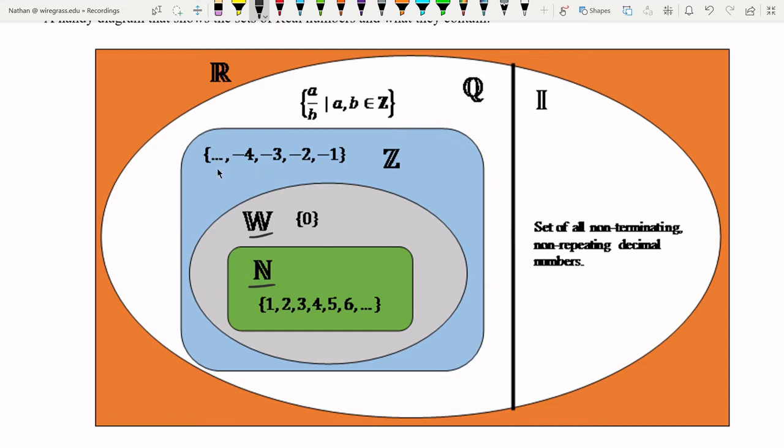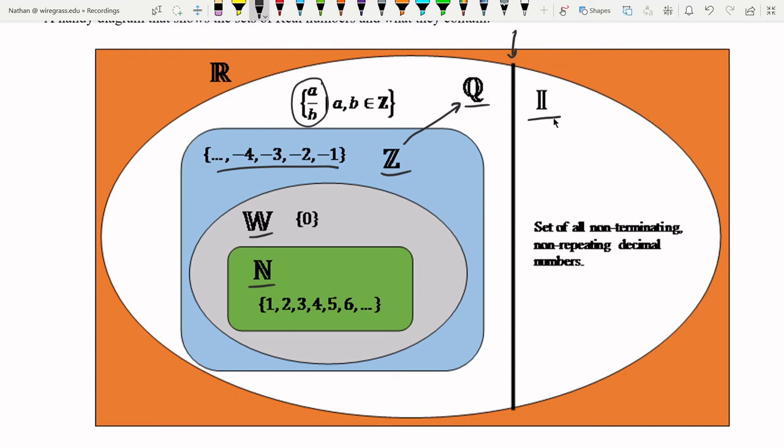And then if we add in these negative numbers with 0 and the positive integers, we have the whole integer set. And then, of course, all of these are contained inside Q, as well as every other ratio of integers. And then you can see we have this complete divide here.